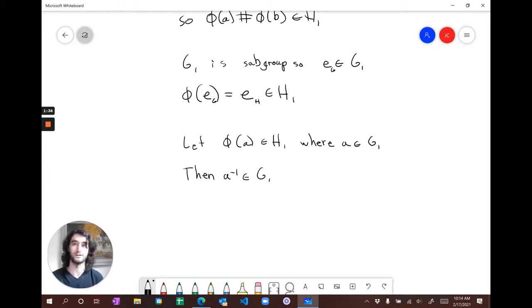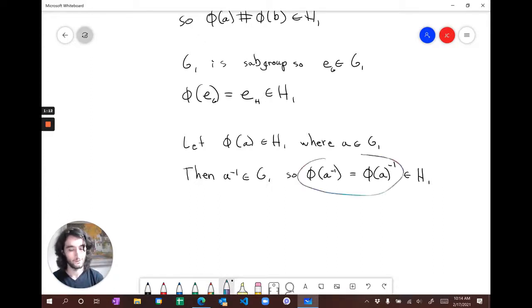So phi of A inverse, which you should know is phi of A inverse, is in H1.